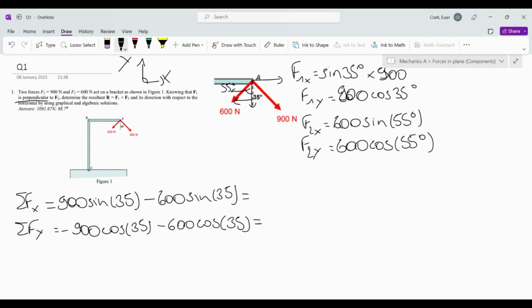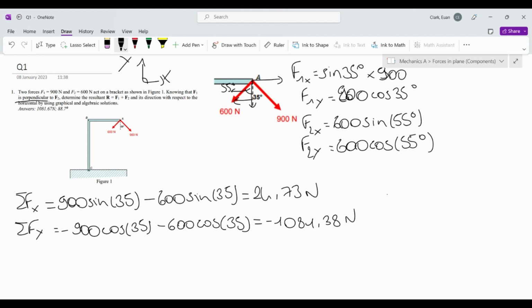Now, the x answer is quite a small answer, which means that it will go slightly to the right, and the y answer is negative, and it will go down by quite a bit, 0.38 newtons.